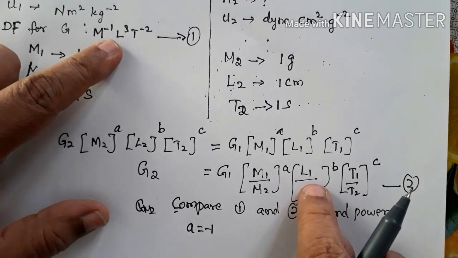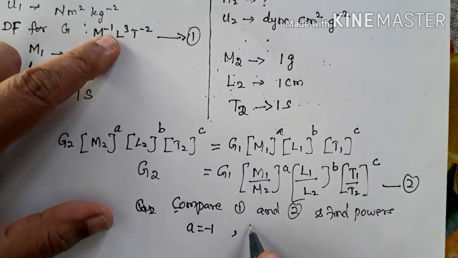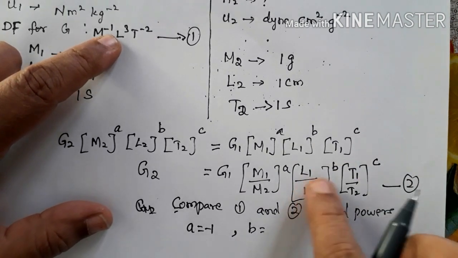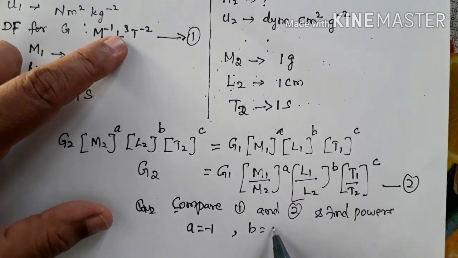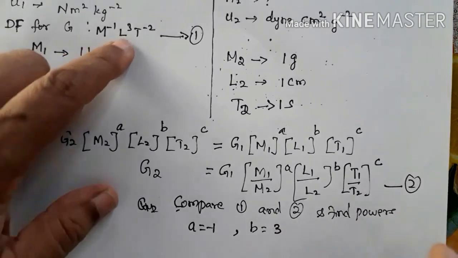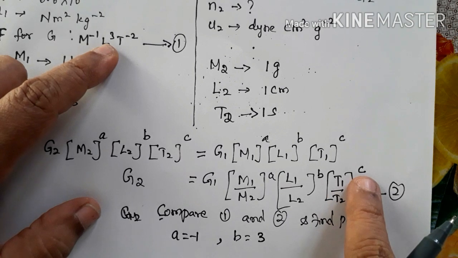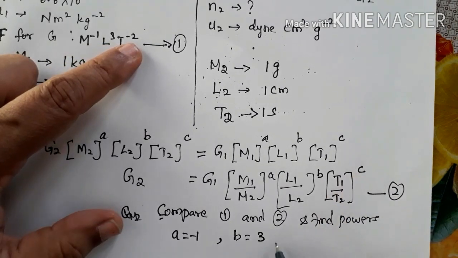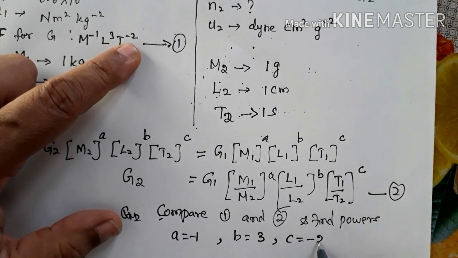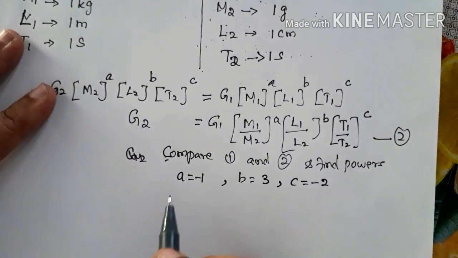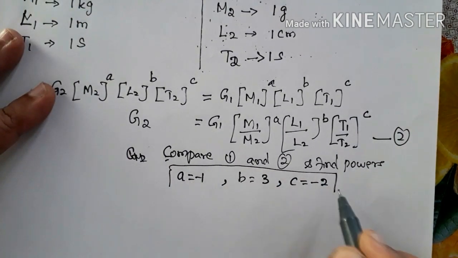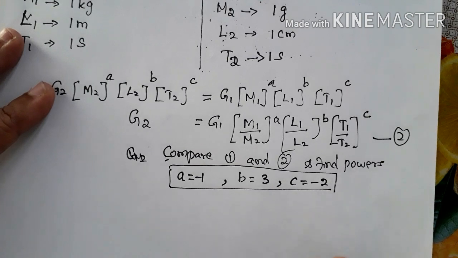In the same way, you compare the L terms and compare the powers: B is equal to 3, right? Now compare time. Here T is having the power C, here T has power minus 2. So C is equal to minus 2. So you note this and highlight this.